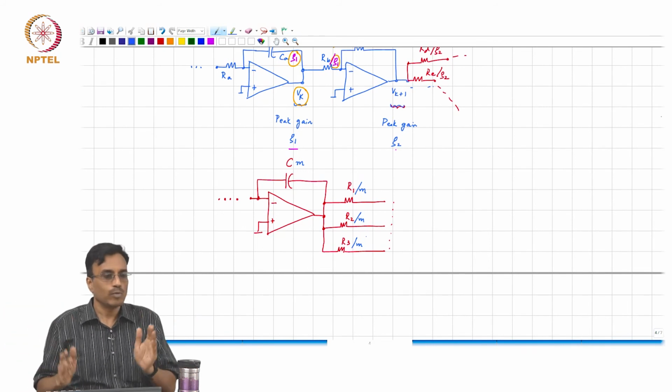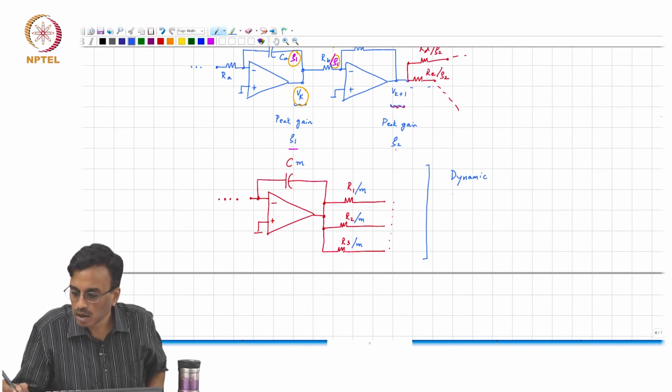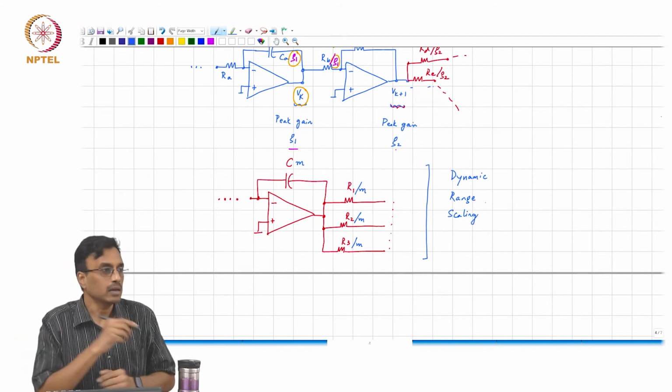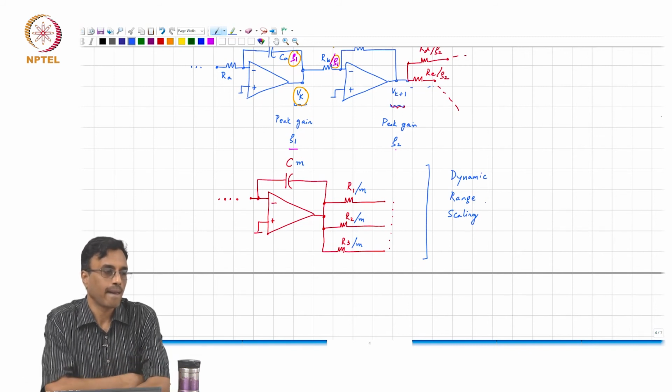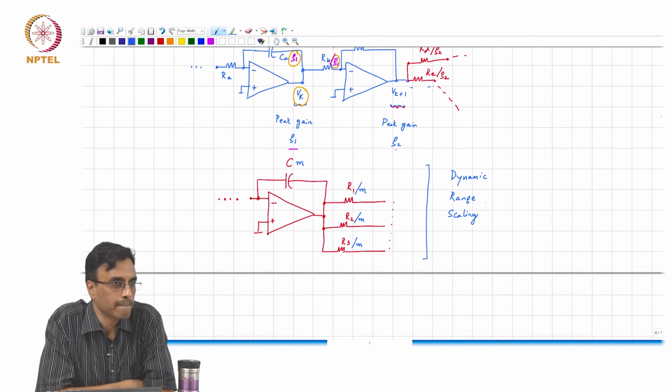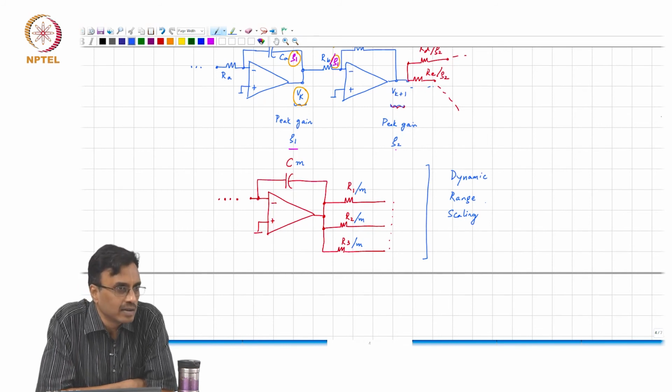This process is what is called dynamic range scaling, alright. And what is the end result?